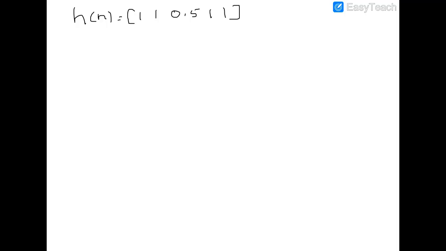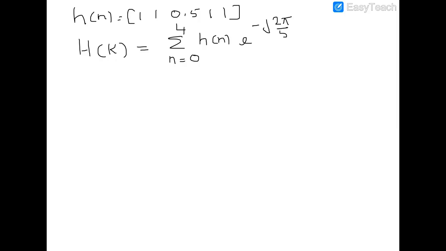So first thing is we need to find out H of k. Let us make use of the DFT equation. H of k is given by the sum for n varying from 0 to 4, because there are 5 samples, of h of n e to the power minus j 2 pi by 5 kn.